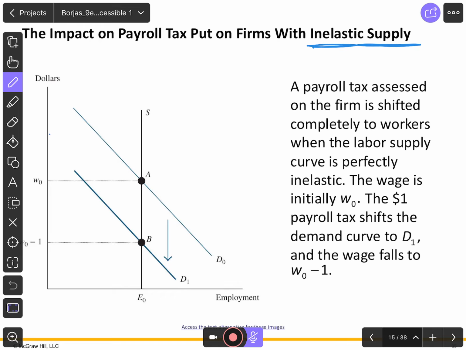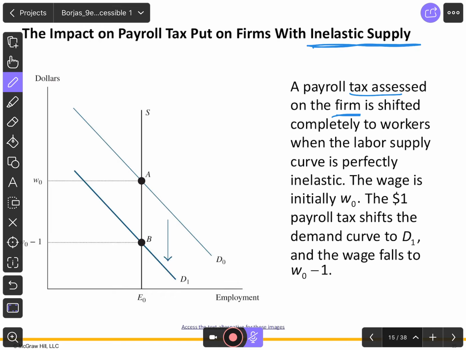They are looking for a job, whatever wage you give them, they're going to be happy and take it, and they want to accept any wage. So this situation is perfect for the firm, because if the government is asking firms to pay taxes, what they can do is just pass it 100% to workers.